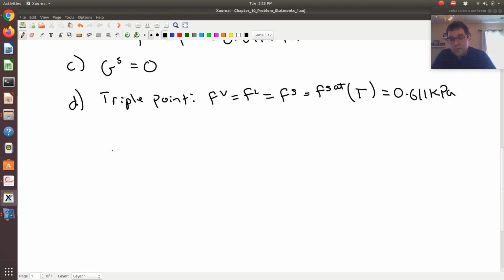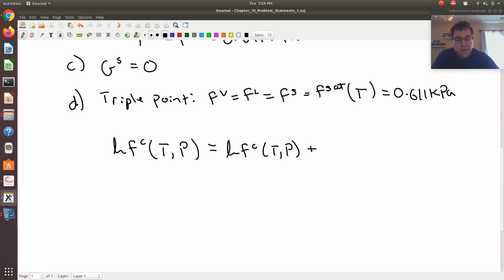Okay, so the trick is, if I want to calculate the fugacity of this compressed phase, and this will be at the same temperature T, but at some pressure P, I'll use a superscript C for the fugacity of my compressed phase. I'm going to write that as the log fugacity of my compressed phase at T and P, and then I'm going to use my favorite mathematical trick, which is adding 0, right?